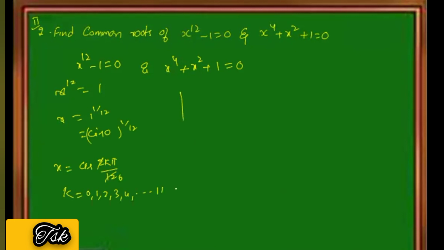This is the first one. Next one, x^4 + x^2 + 1 = 0. So you can find the value.